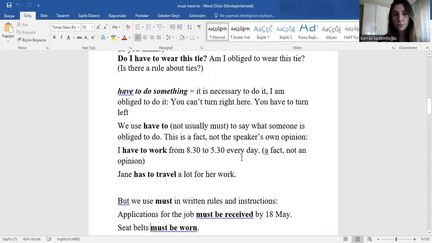Before we continue with grammar rules, I want to show you the structure of must and have to. Okay, starting with must. Must is a modal auxiliary verb. It is followed by a main verb. The basic structure for must is, I'll show you now.